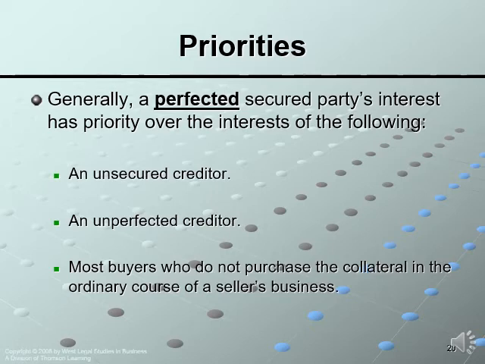Also, an unsecured creditor, unperfected secured creditor, which is the same as just a secured, and usually perfected over most buyers who don't purchase the collateral in the ordinary course of business, or basically they don't purchase it from merchants.